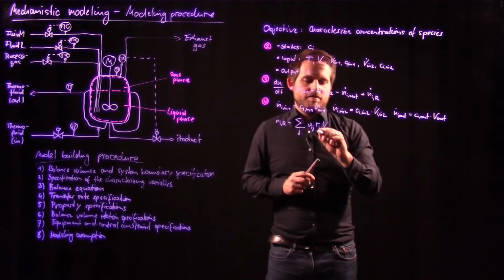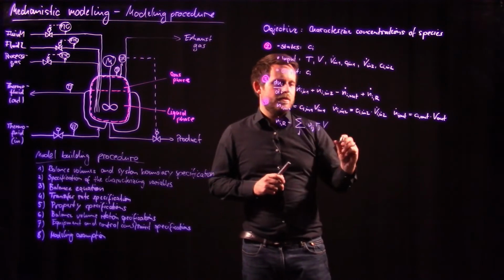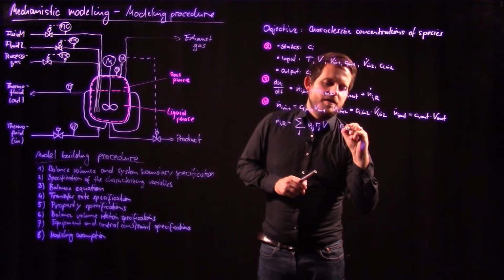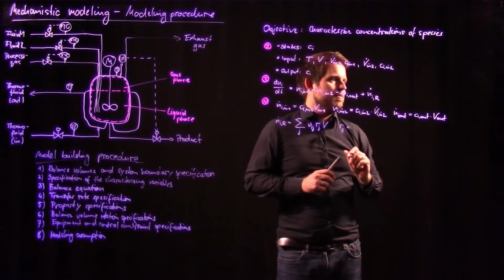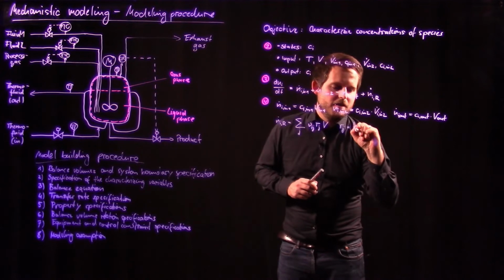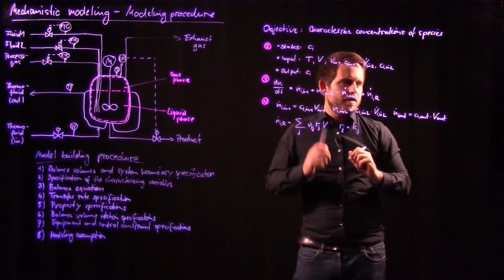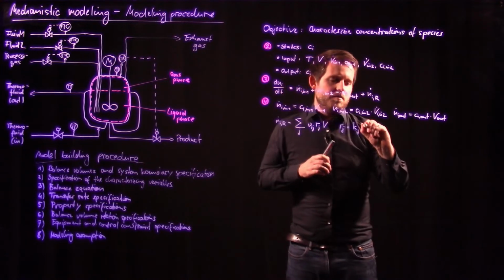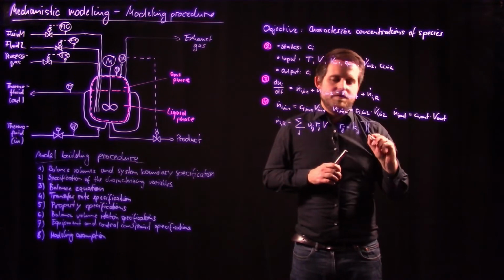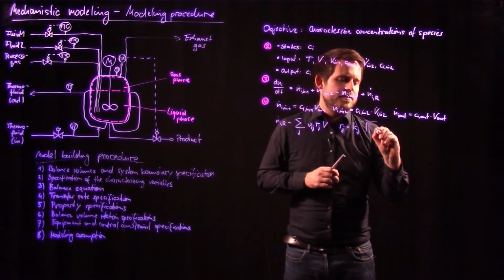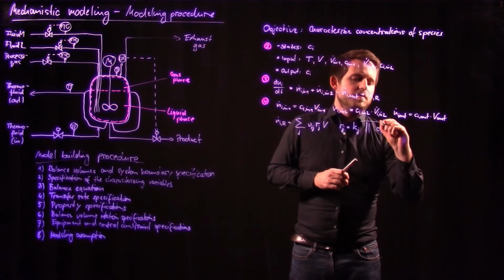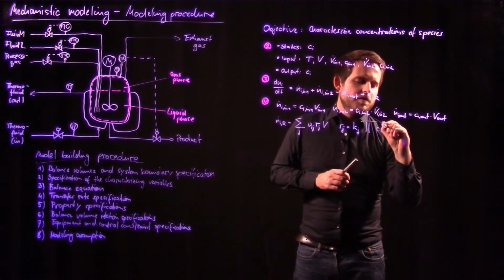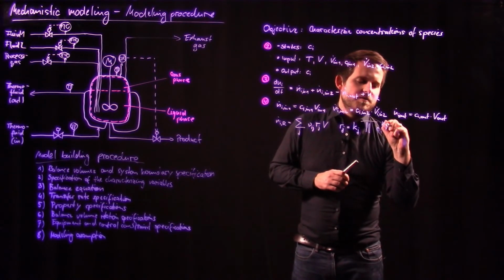And now the question is, what is Rj? Rj can be, for example, described by means of a reaction constant, kj, times a product of the different concentrations in the system, Ci, to the power of the order of the reaction in terms of this component.